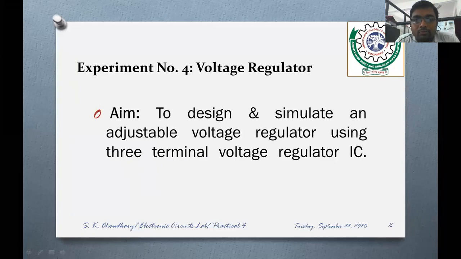So I just want a feedback from your side. We completed all the calculations for the current series feedback in the last practical. Means transconductance gain with or without feedback, input resistance with or without feedback, and output resistance with and without feedback. Yes or no?